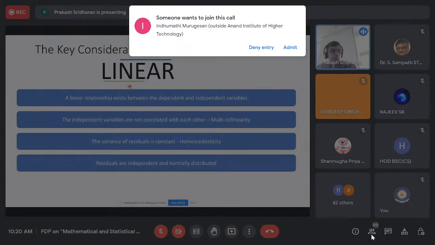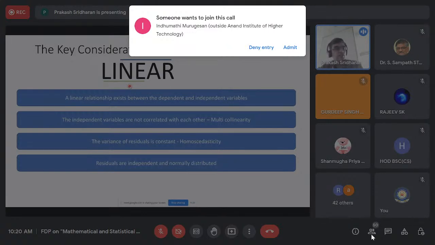Typically it comes up due to a concept called autocorrelation, where there is some kind of time-based pattern within your data, and the residuals are correlated with each other over a period of time.